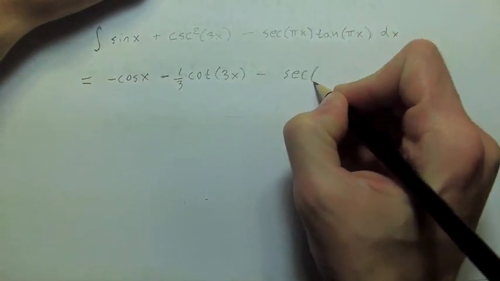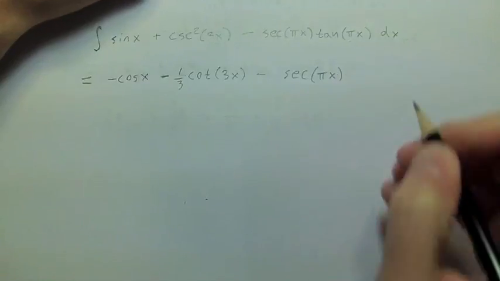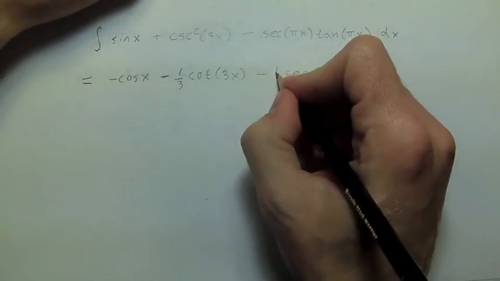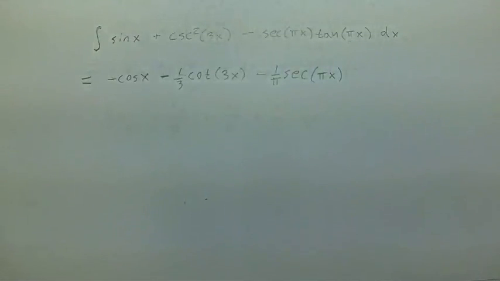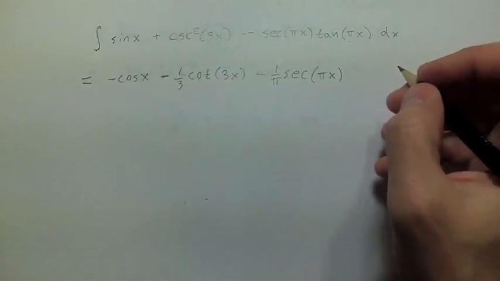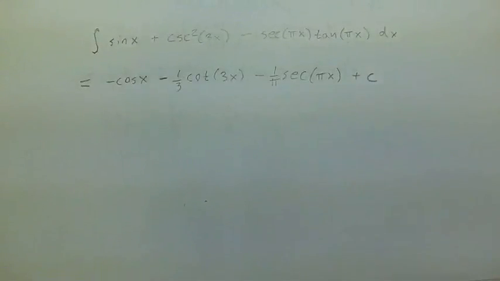But since we have pi x on the inside there, we're going to divide by 1 over pi. Okay, it's kind of a very basic backwards chain rule. All right? And there we go. And that's essentially all there is to that one. A little complicated. We incorporated a lot of things there.